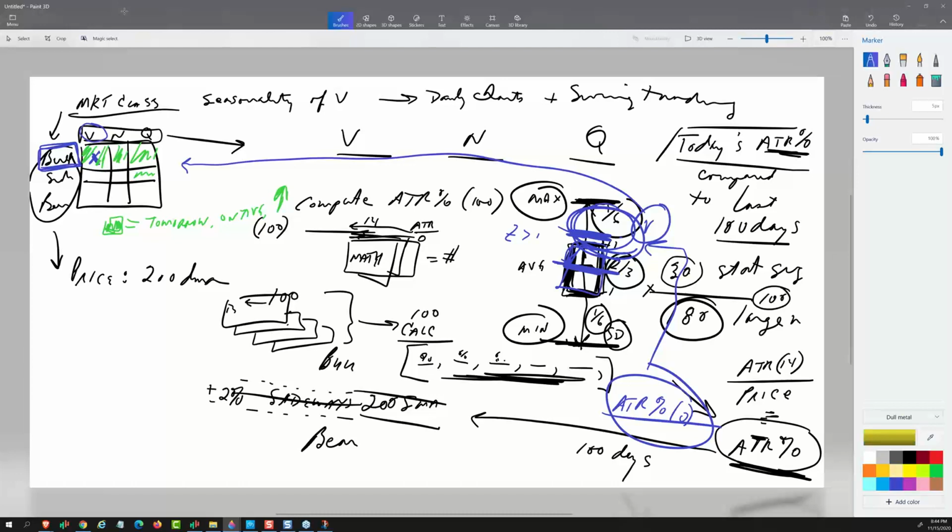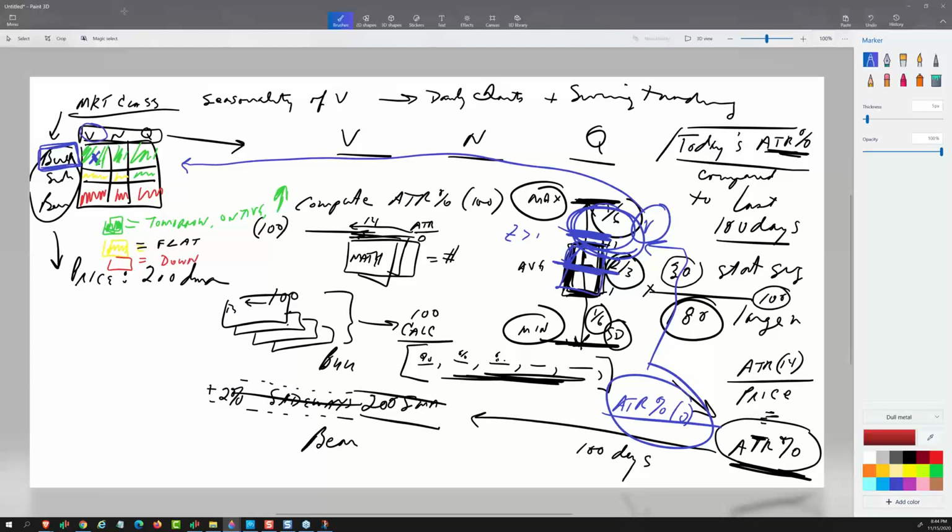And if it was sideways volatile or sideways normal, then tomorrow, on average, was flat. But if it was any bear volatile, normal, or quiet, tomorrow on average was down.